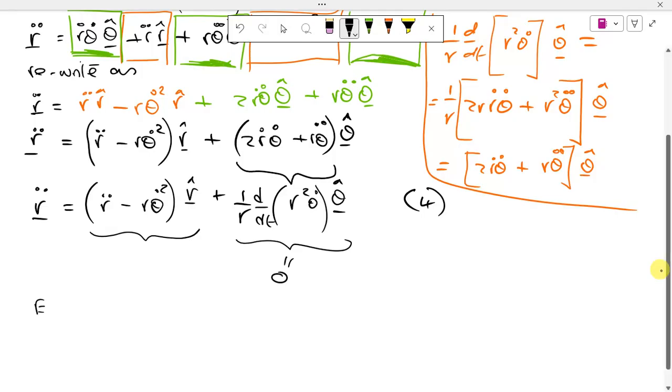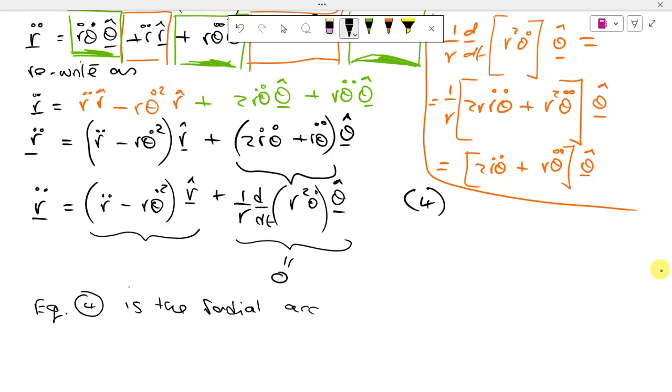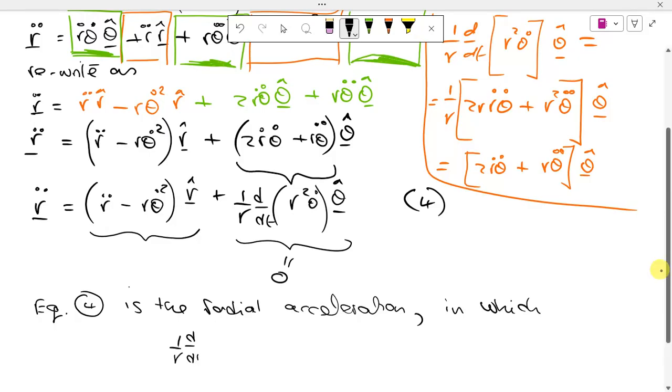Equation 4 is the radial acceleration in which 1 over r d by dt of r squared theta dot theta hat is equal to 0, for the reasons that I've already specified.